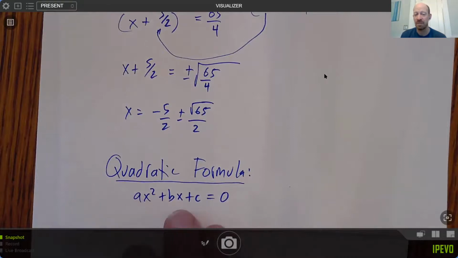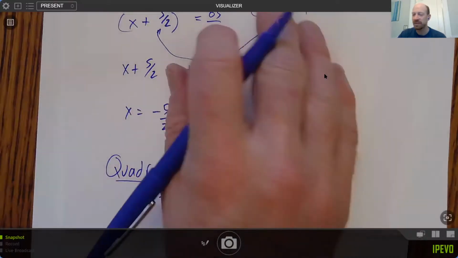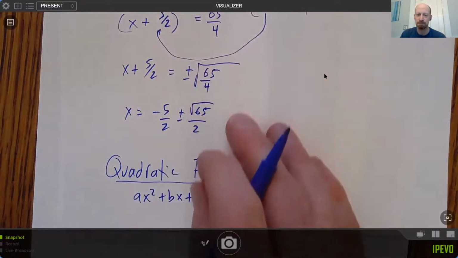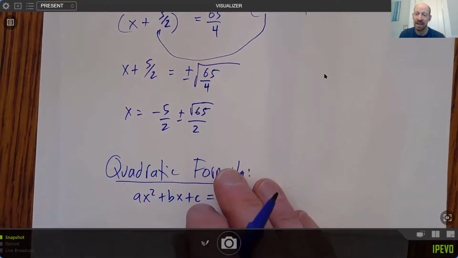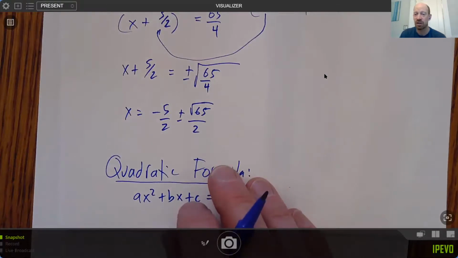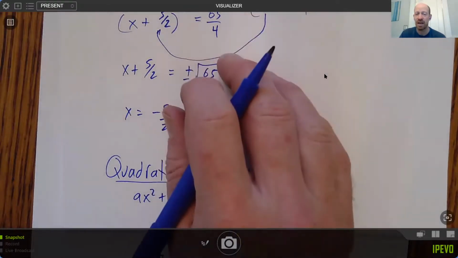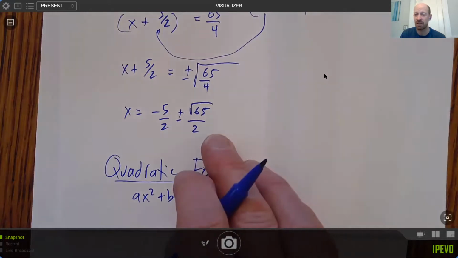So if I keep A, B, and C in there, and I work through all these same steps we just did, when I get to the end, I get an answer in terms of A, B, and C. And so what that means is that I don't have to go through all the steps. I can just go right to the form of the answer as long as I can remember it, or have it written down somewhere.